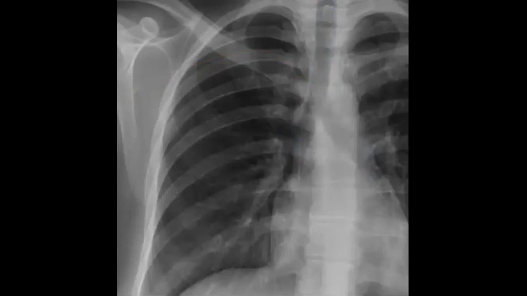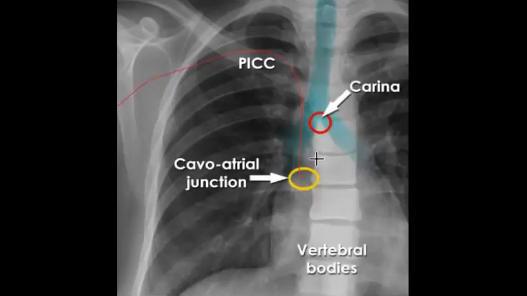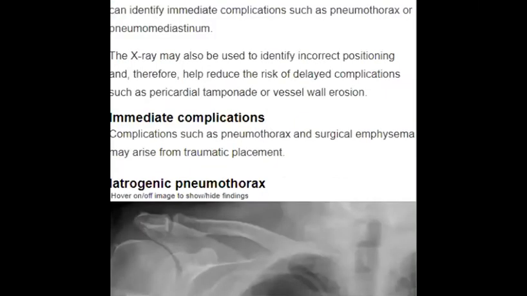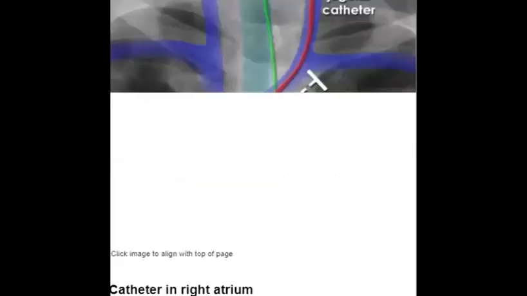The peripherally inserted central catheter is better to be in the cavo-atrial junction. So 2 vertebral bodies below the carina, it will be in the cavo-atrial junction. This is the preferred location if you will put a long-term one. Yeah, we show you the answer.